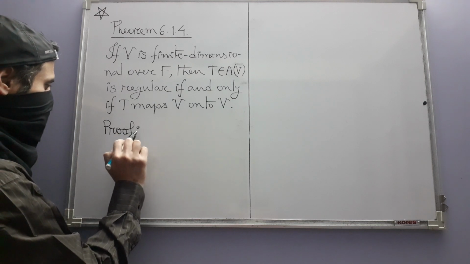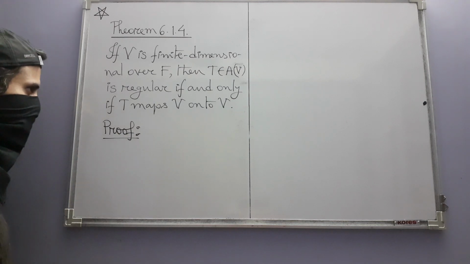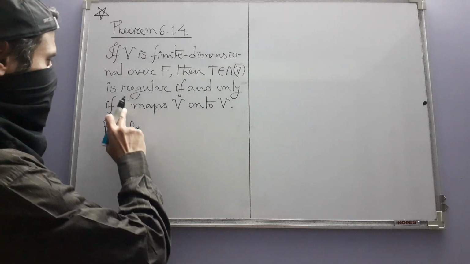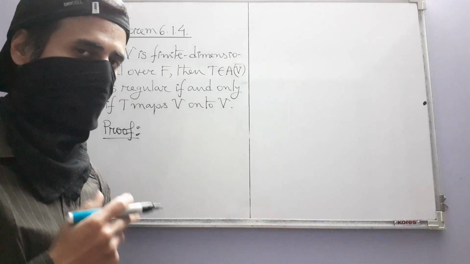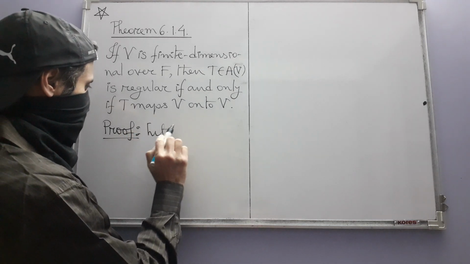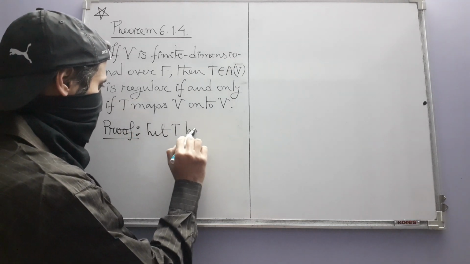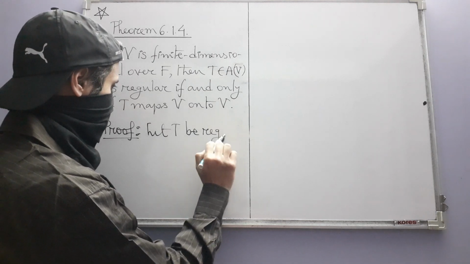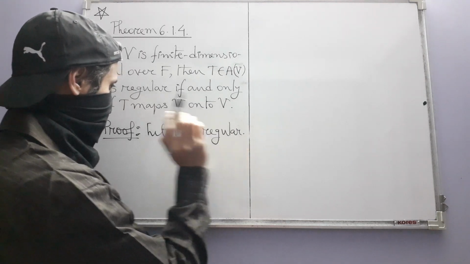So we have to prove two implications. Let us first suppose that T is regular and prove that it's onto. Let T be regular.